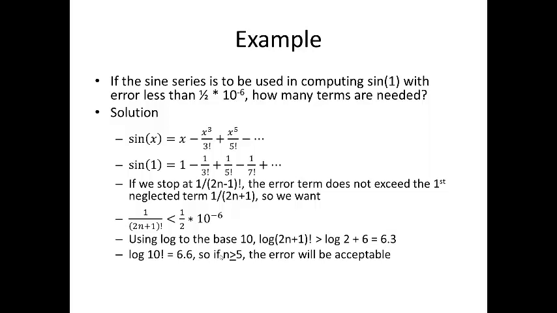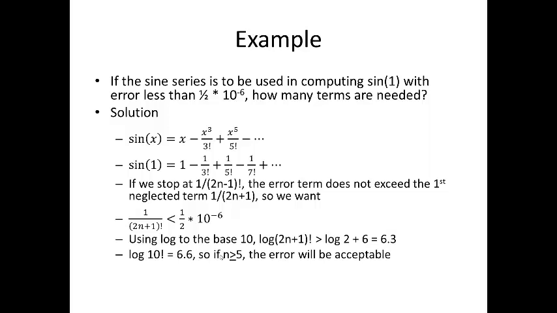Well, we look back at our familiar and useful Taylor series, and we know sine of x can be approximated by x minus x cubed divided by 3 factorial plus x to the 5th divided by 5 factorial, etc. And sine of 1 is 1 minus 1 over 3 factorial plus 1 over 5 factorial minus 1 over 7 factorial, etc. If we stop at 1 divided by (2n minus 1) factorial, then the error term is not going to exceed the first neglected term, which is going to be 1 over (2n plus 1) factorial.